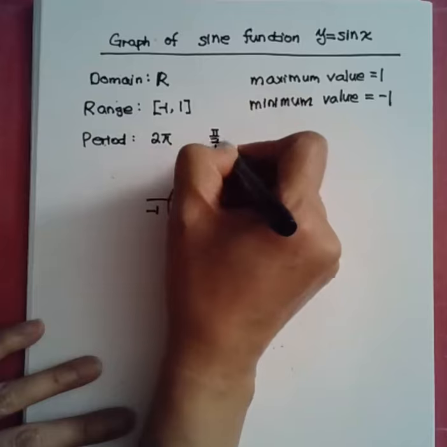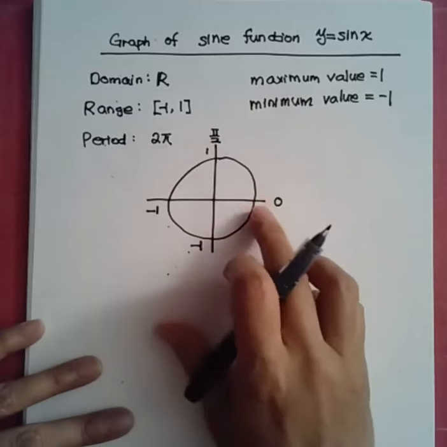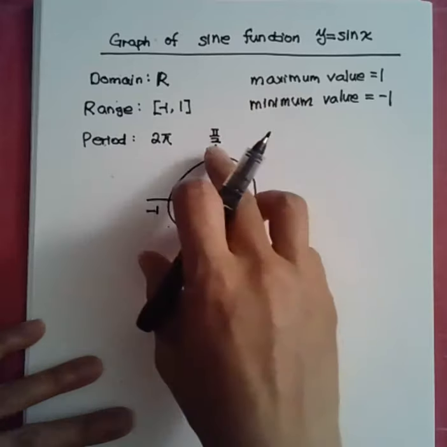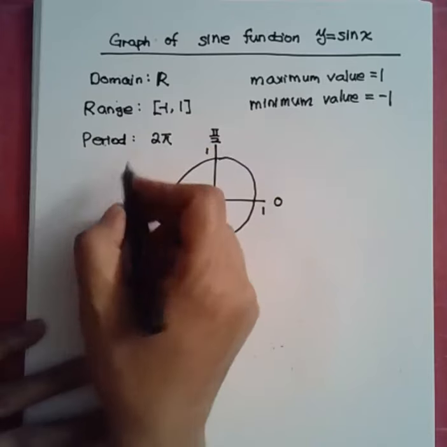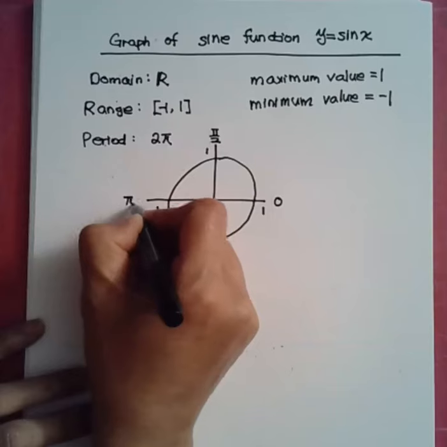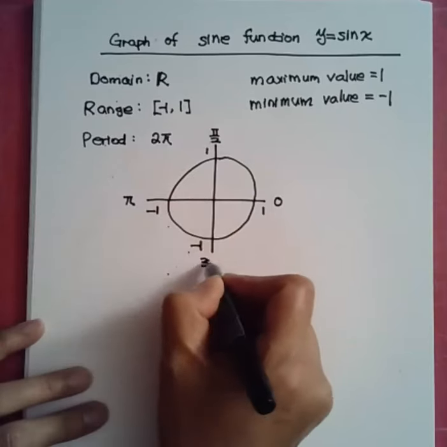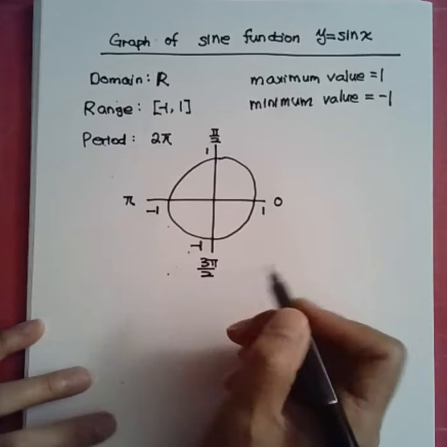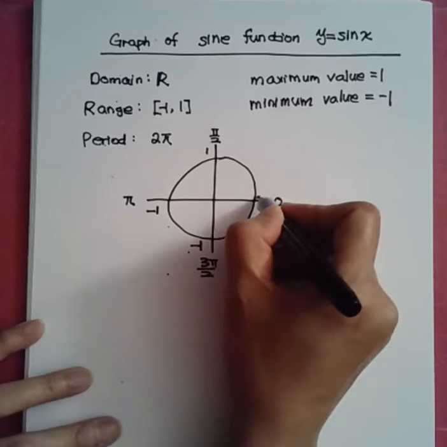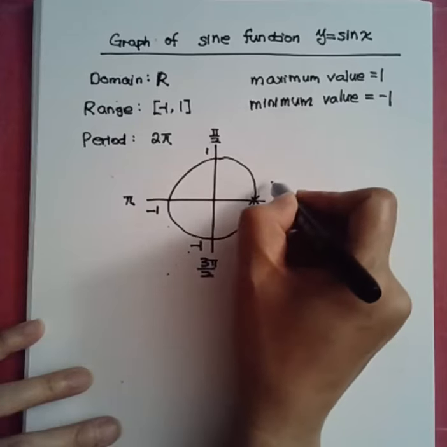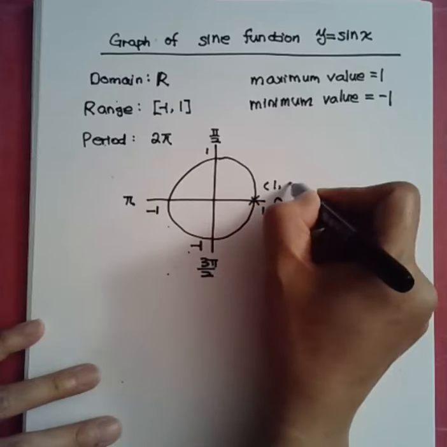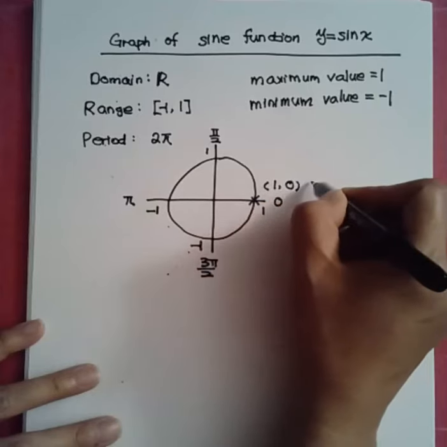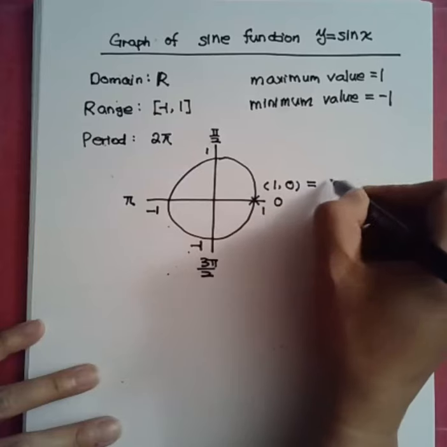At the point where the sine has 0 or maximum, this is 0, at minimum, this is pi, this is 3 pi over 2. Let's label it with a coordinate. Then this point, when the angle is 0, the coordinate is (1, 0).